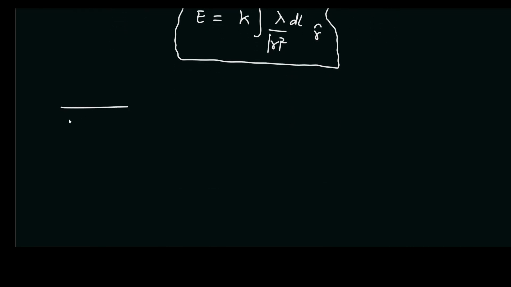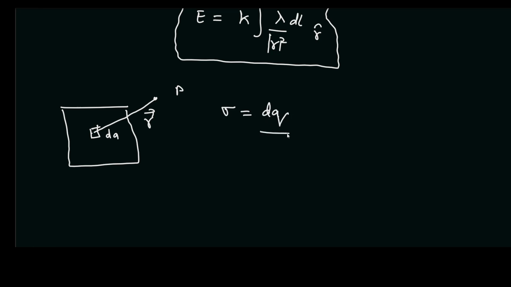Similarly, if the charge is distributed over a surface, let's take any surface, and we want to calculate the electric field at the point P, then we simply take a small area element dA and let the distance between this area element and the point P be r, and let the charge per unit area sigma be equal to our charge dq over our area element dA.